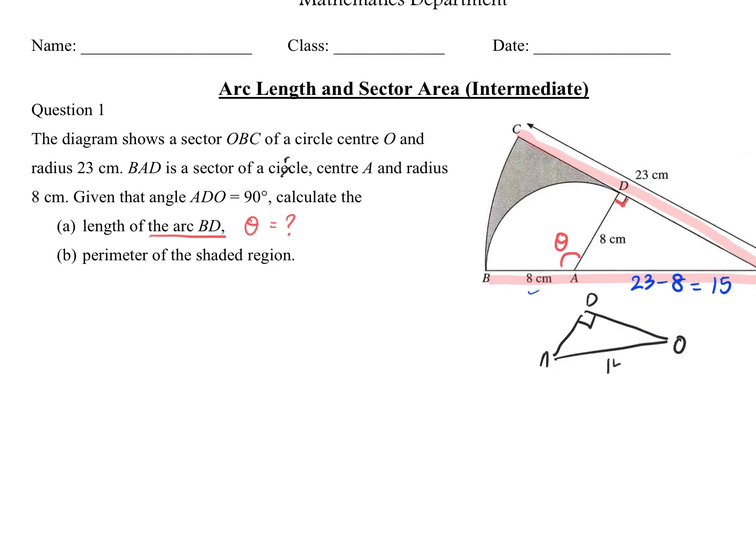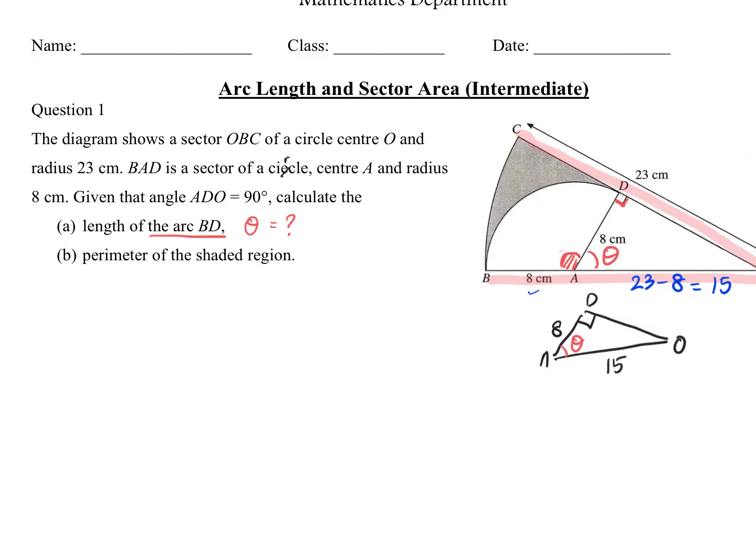This is the length 15. This is 8. So in order to find the angle theta, I find this angle over here first. Maybe I should change the name, I'll just call this theta instead. I'll find this theta first.